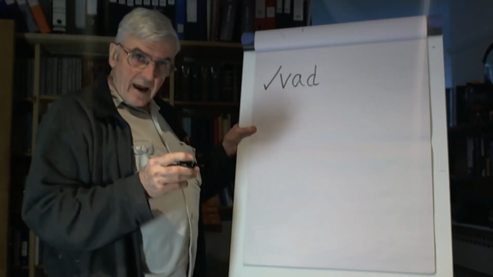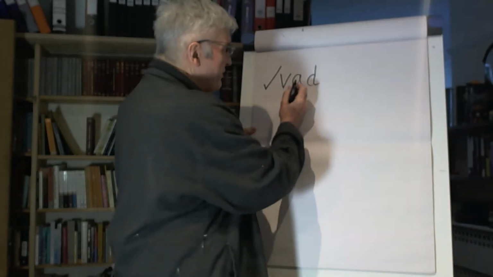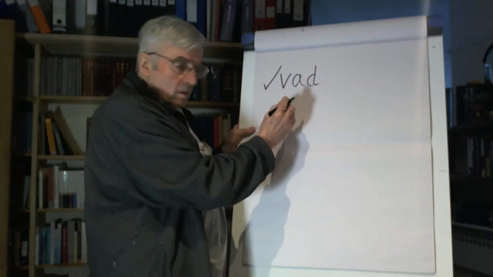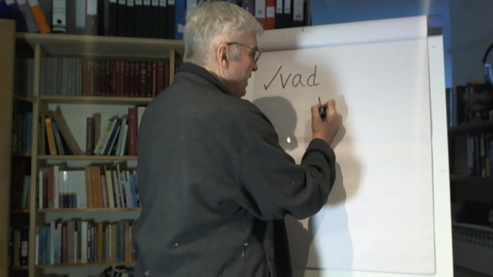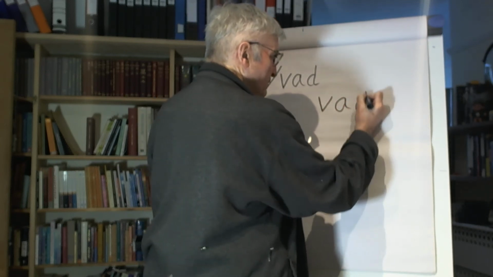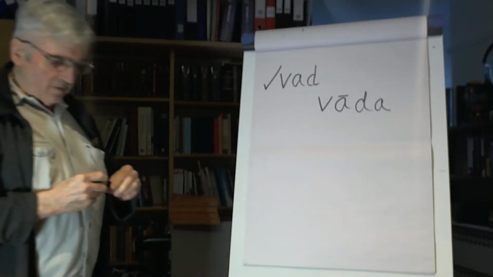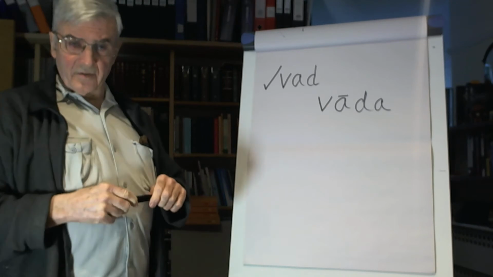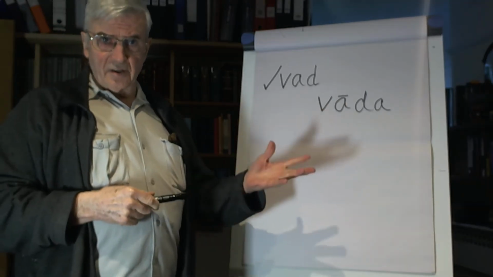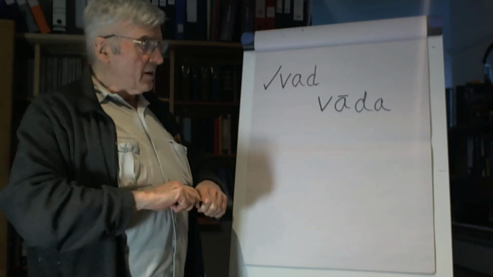We can make a noun out of that. Many roots that have a short a lengthen that a and add an a to become a verbal noun. For example, vada, which just means speaking, and then by extension teaching, as in Theravada, the teaching of the elders.